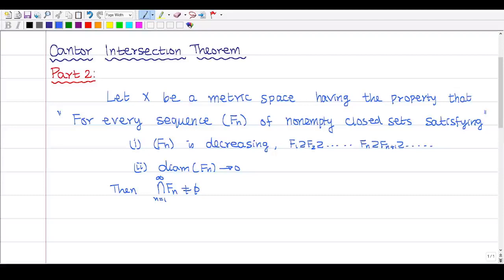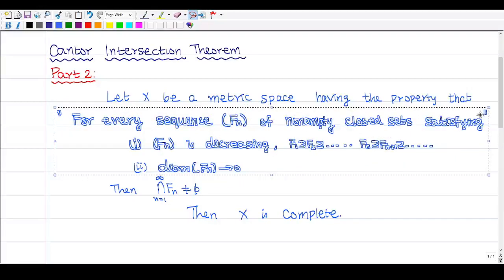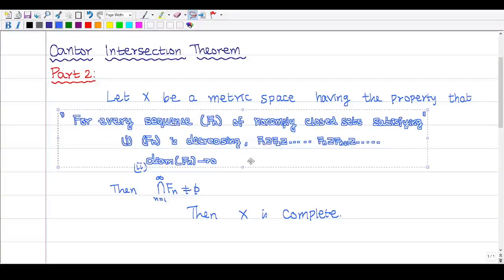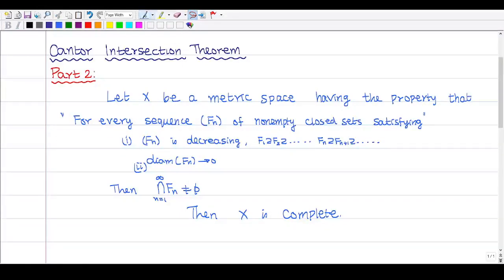இப்போ தான் ஸ்டேட் பண்ண சொல்ல போறேன். Then capital X is complete. Okay, so this is the statement. So X வந்து metric space, அதுக்கு ஒரு ப்ராப்பர்ட்டி இருக்கு. இதை வேணா இப்படி கூட எழுதிக்கலாம். I can write it in this way. This can be expressed as having the property that, this is the second property.